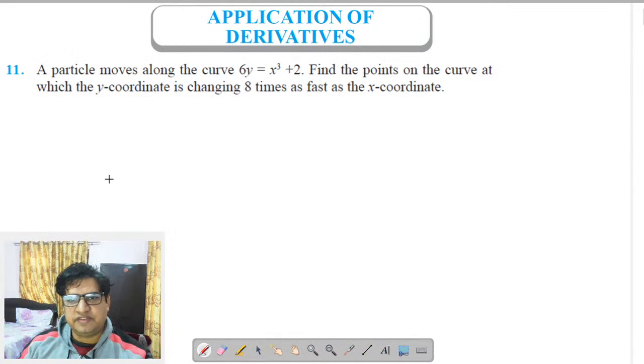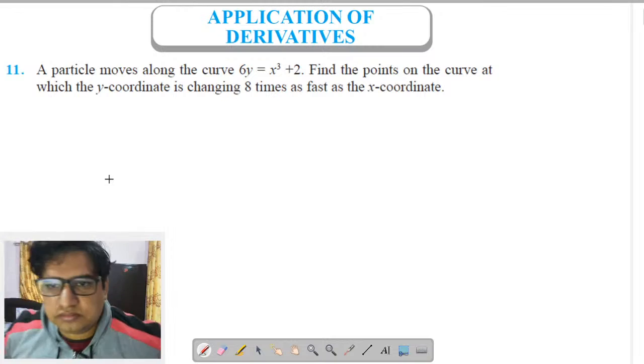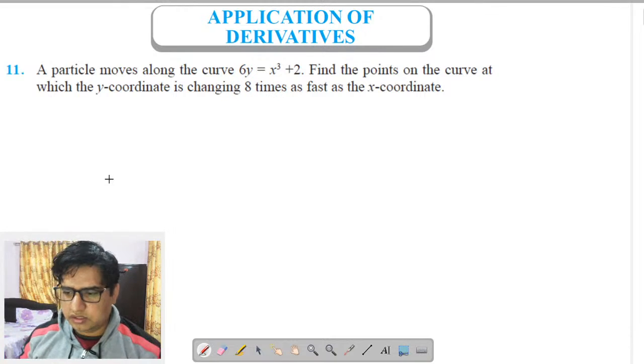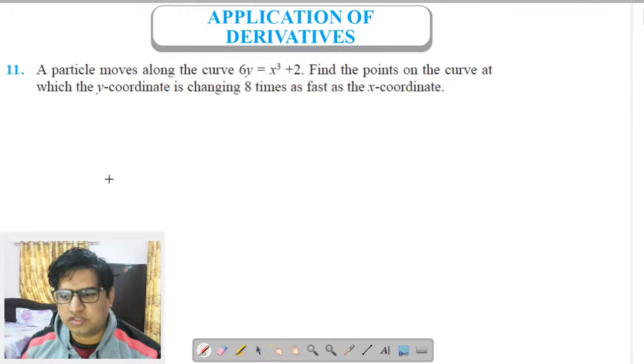So guys, here we have one more question from the same topic, and in this we have a particle that moves along the curve.